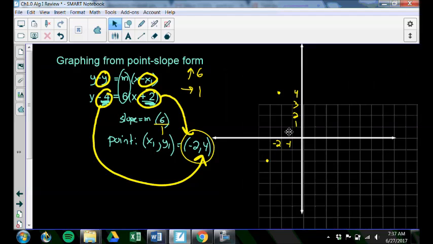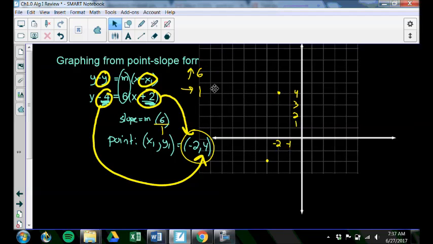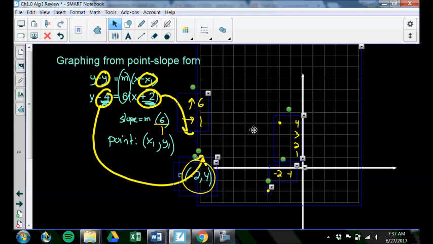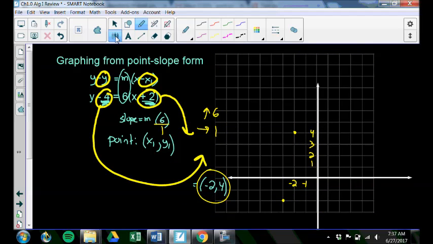Just move my grid around. This will give me enough space, hopefully, to go up 6 more and right 1 more. So it's a very, very steep, very positive slope.